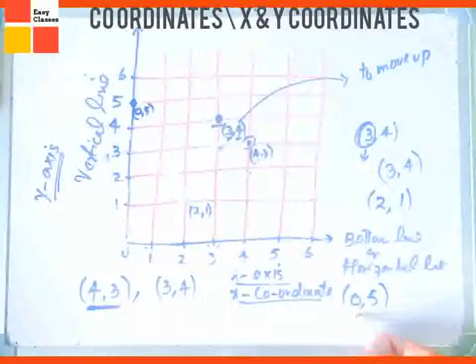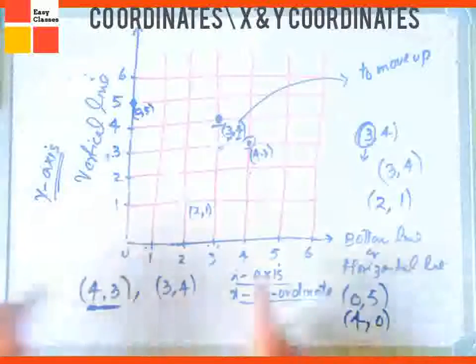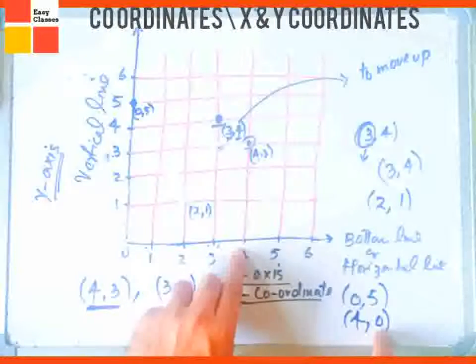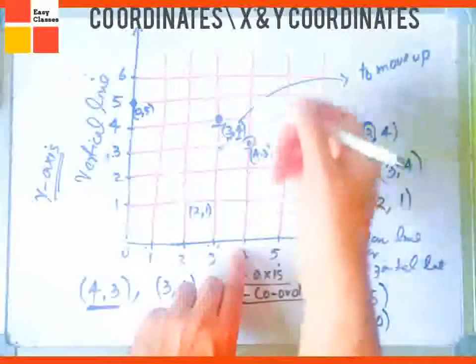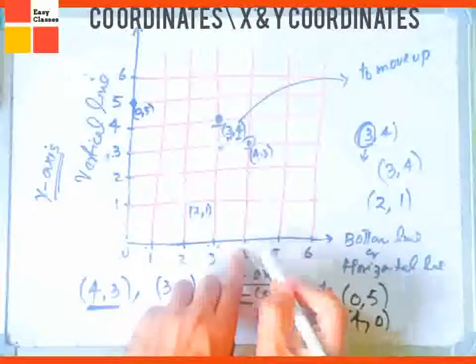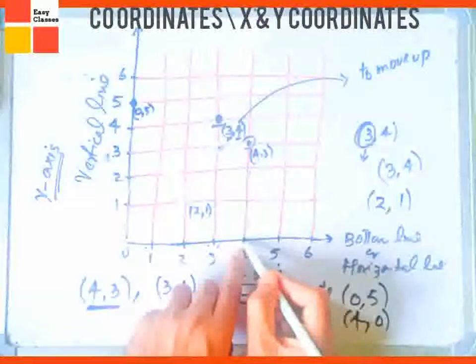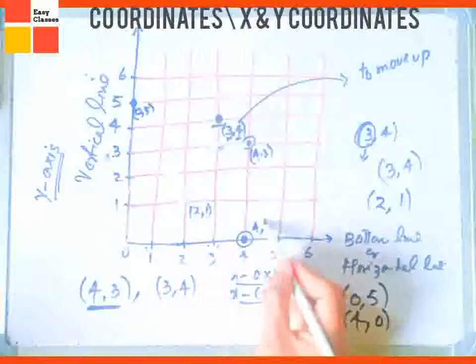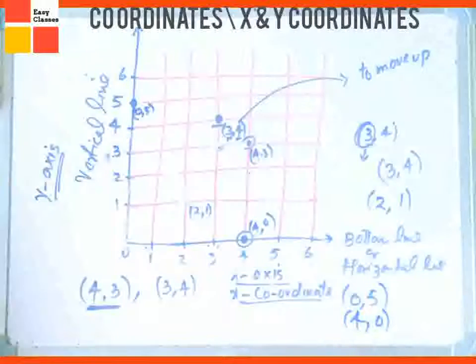And what about 4, 0? You have to move 4 points towards the right: 1, 2, 3, 4, and 0 points upwards. 0 points means you do not have to move at all. So the position of this point will be here, 4, 0, right?